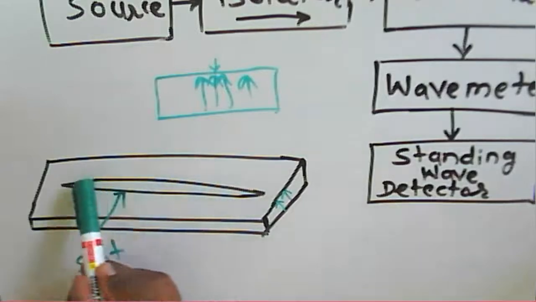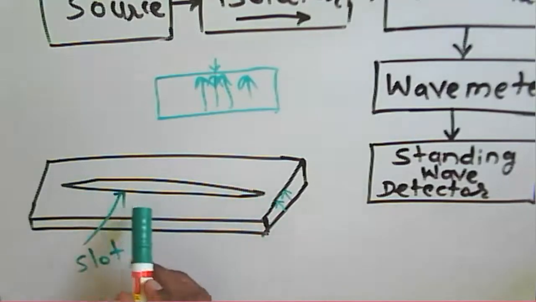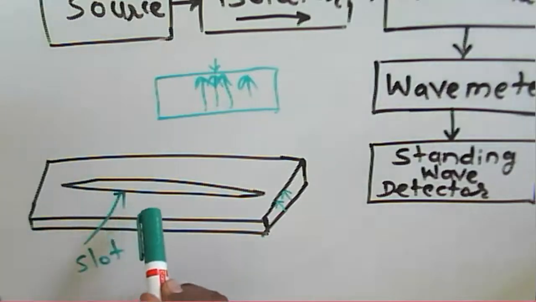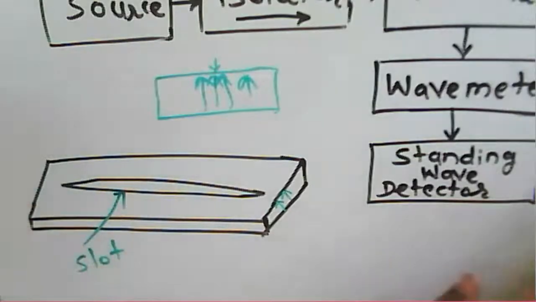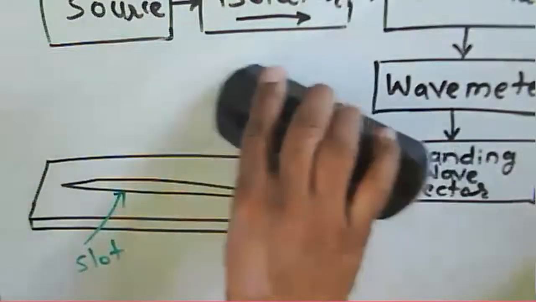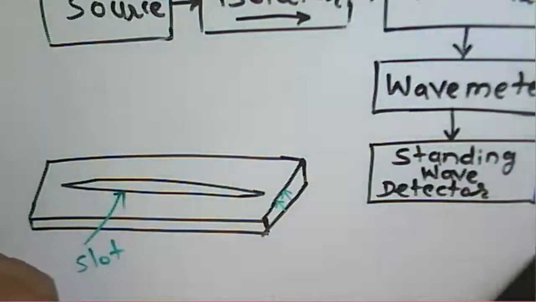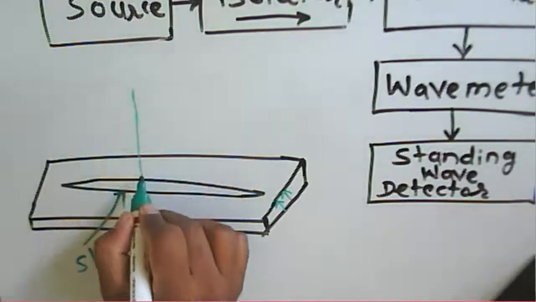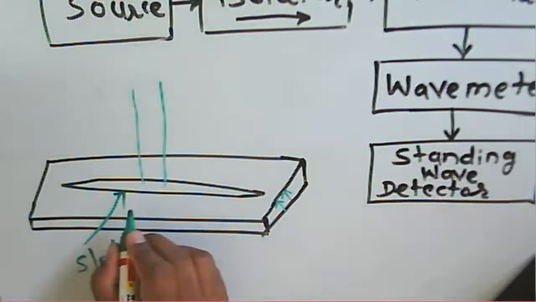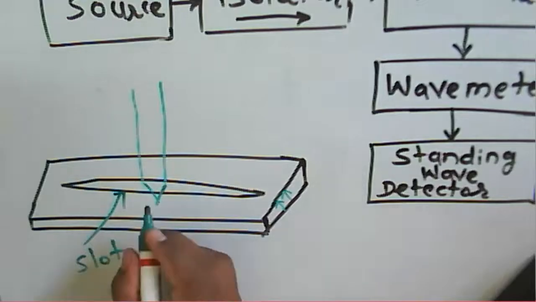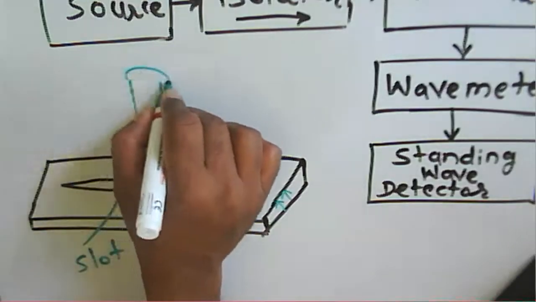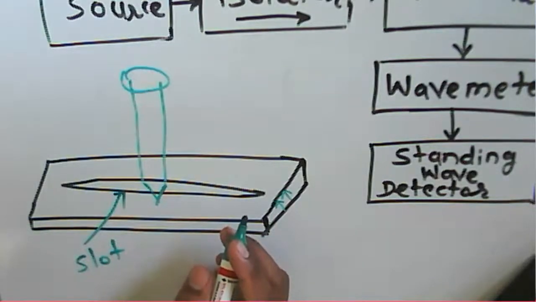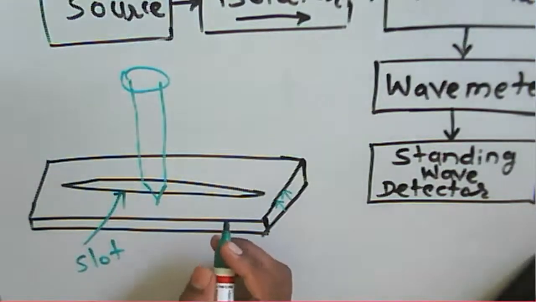At this broad side of the waveguide there is a small slot, and through that slot we are supposed to insert one probe, inside this slotted section. Now, how will it be inserted? There is a small section of a probe that is inserted inside the guide, and for a given slotted section we use a shorting plunger.